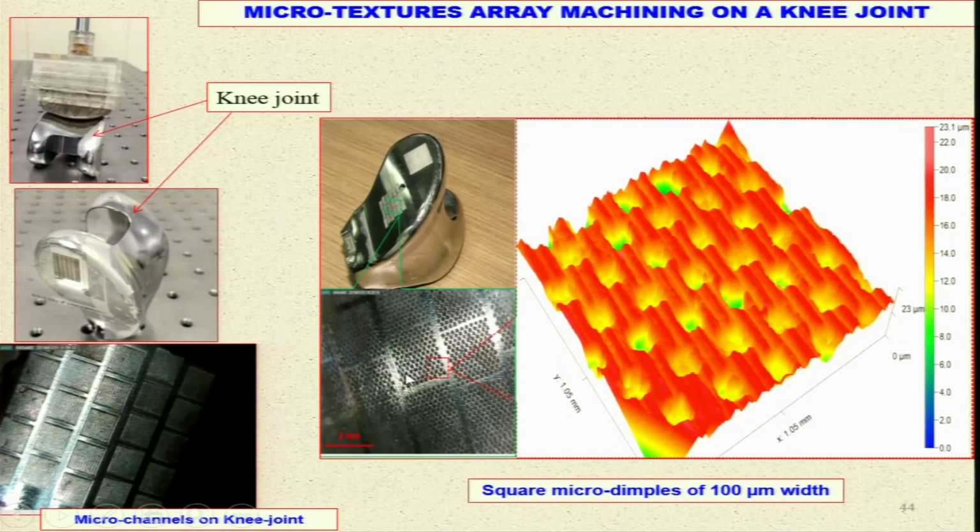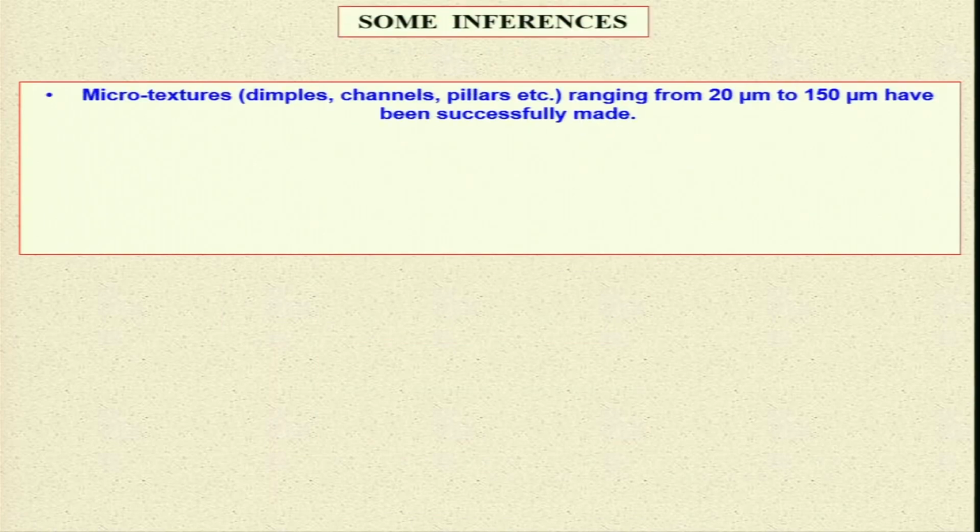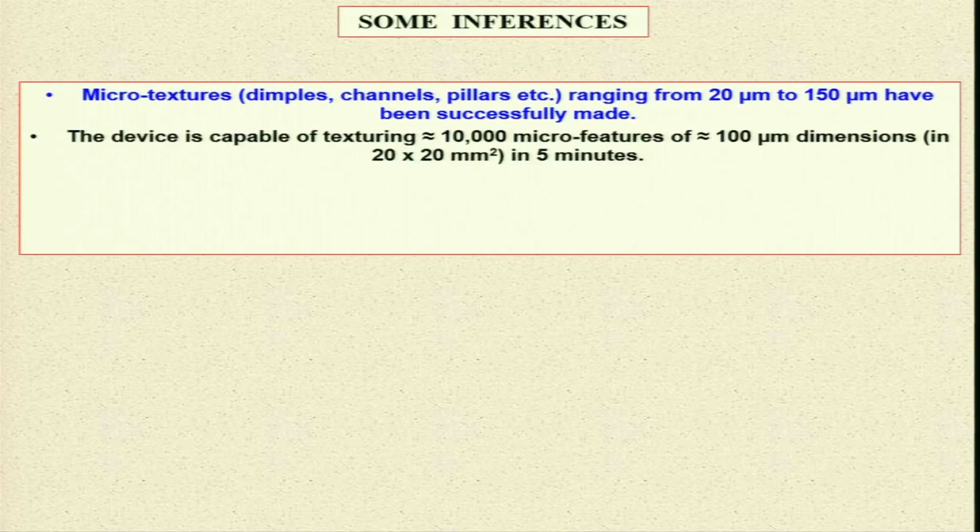Now, these are the kinds of textures that have been created, and these are the SEM photographs of the same square micro dimples of 100 micrometer that have been created over there. Some inferences we can make: micro textures like dimples, channels, pillars, etc., ranging from 20 micrometer to 150 micrometer have been successfully made.